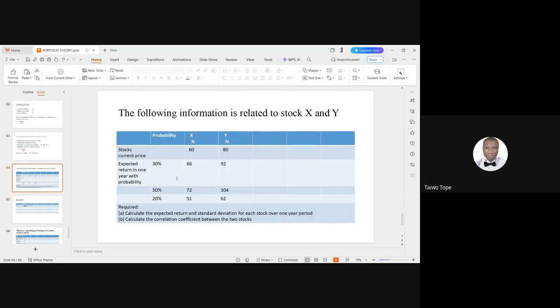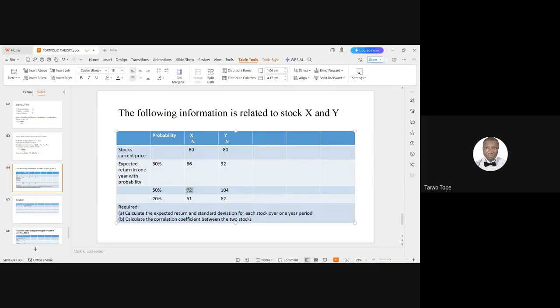So in the case of X2, this will be our S2, 72.